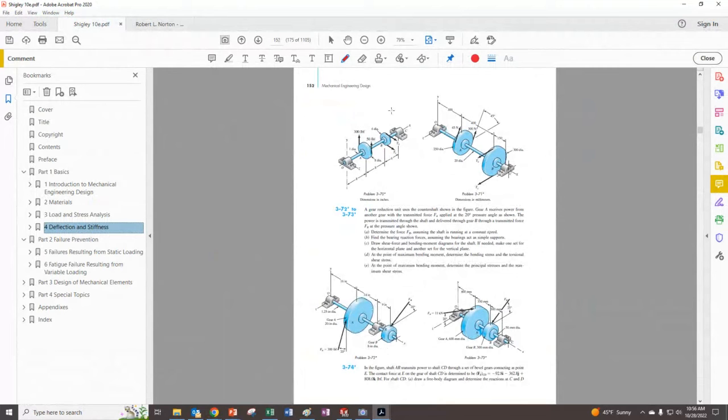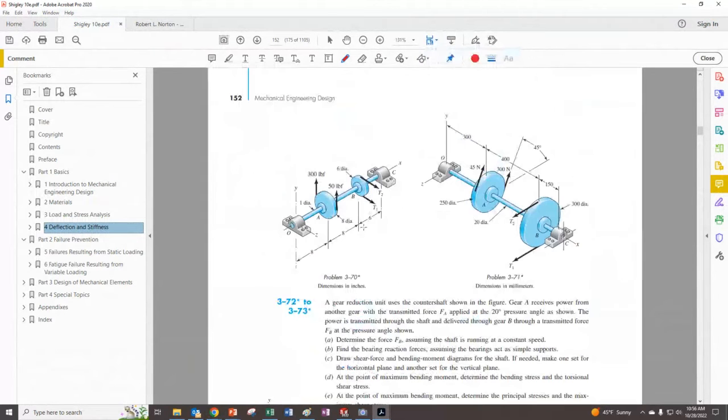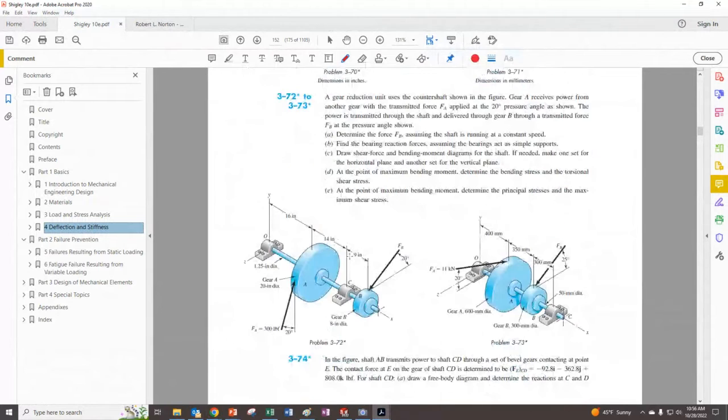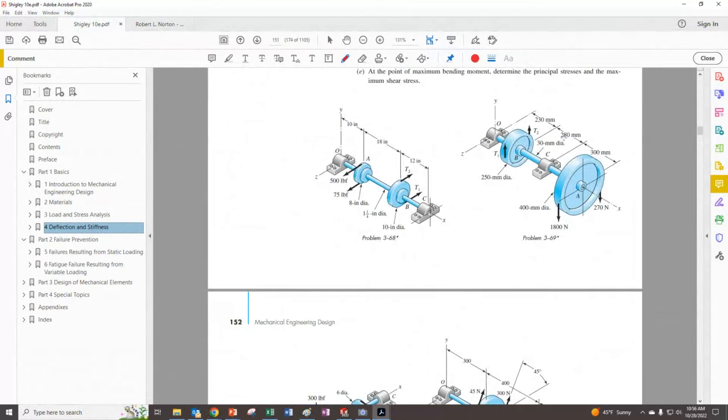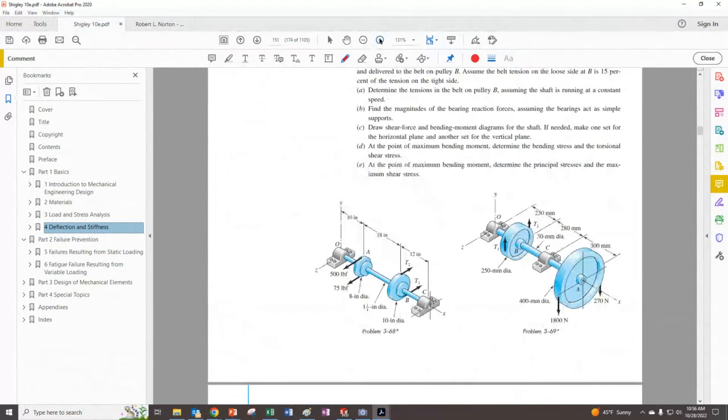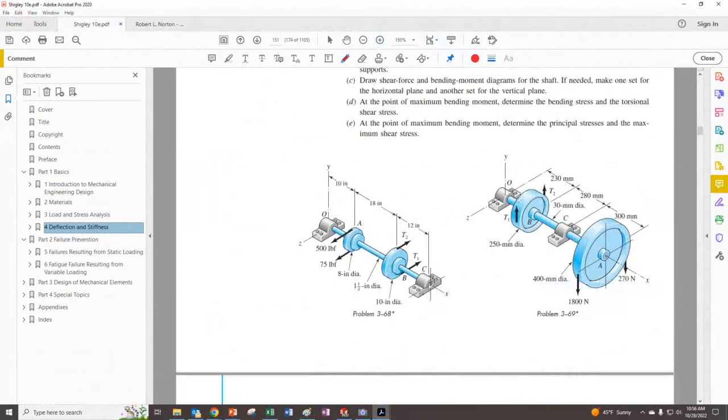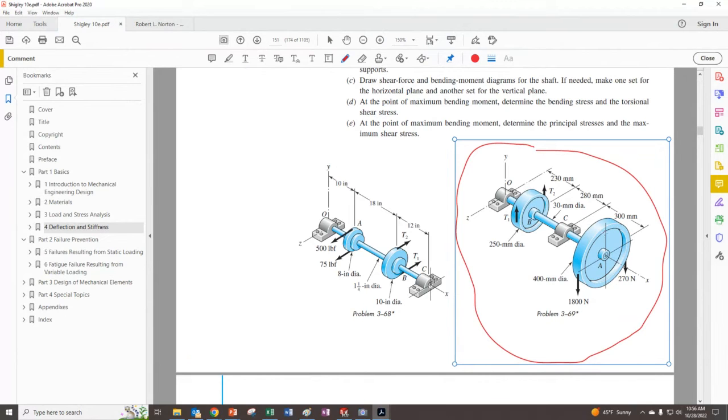Let me take a look at this one. We haven't done a cantilevered one, so this is a very common problem. By the way, this is one that I probably asked on exams before. Be aware that this one has only one plane, so you don't have to worry too much about it.